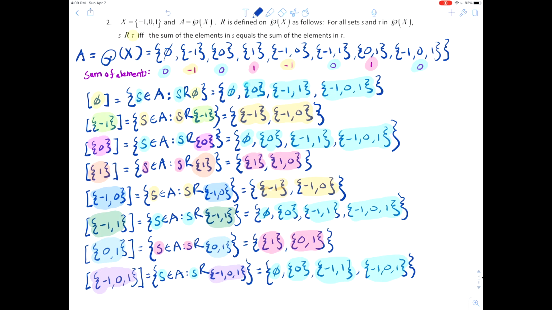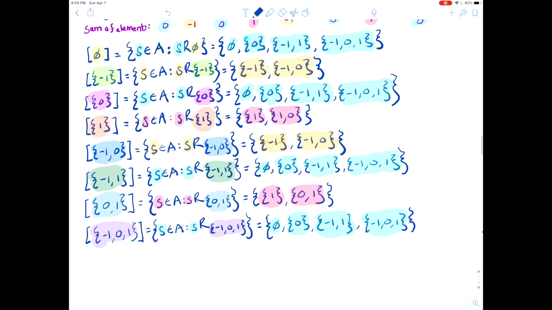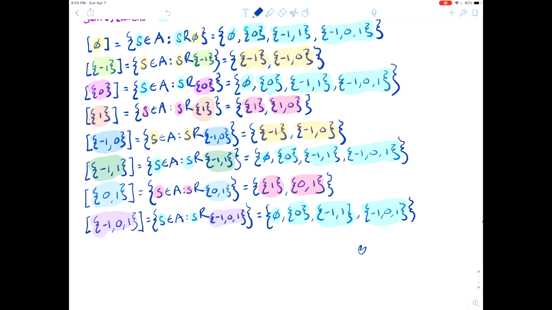So what do we notice about some of these sets? Do you see that the class of the empty set is equal to the class of the set which contains the element 0, which is equal to the set that contains the elements -1 and 1, and that one's equal to, good, the set that contains -1, 0, 1.